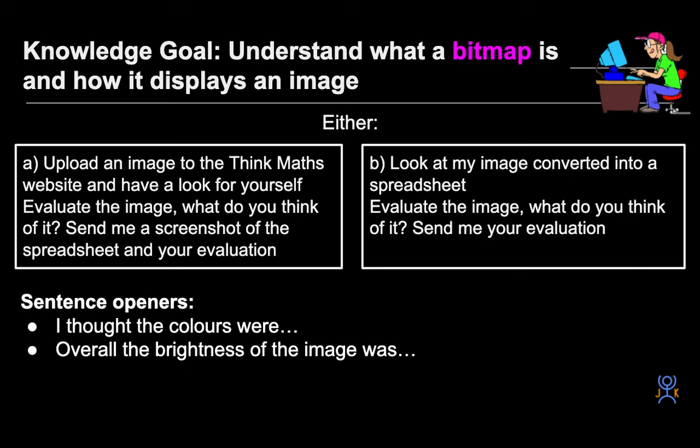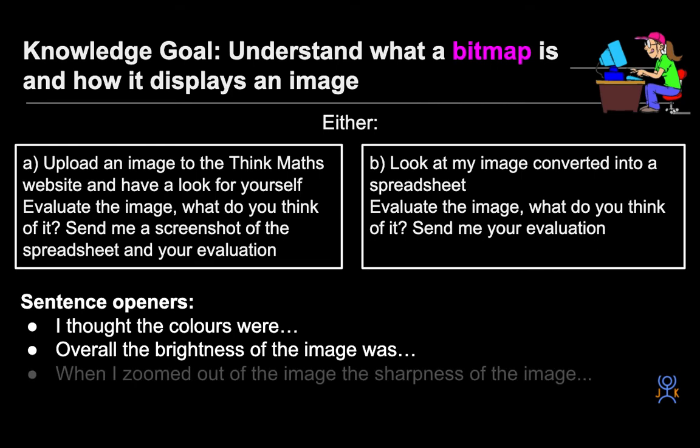But yeah, upload your own image and see if you get similar things going on. And then another idea would be, when I zoomed out of the image, the sharpness of the image, so the quality of the image was, and then describe it to me. Okay, so I want your evaluations of the images and how they were converted using this clever little spreadsheet website.